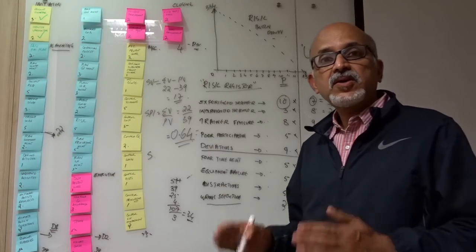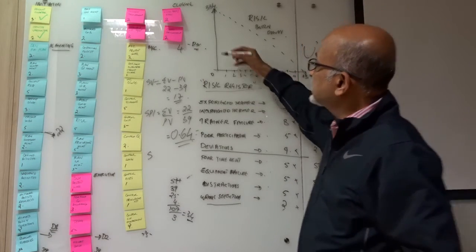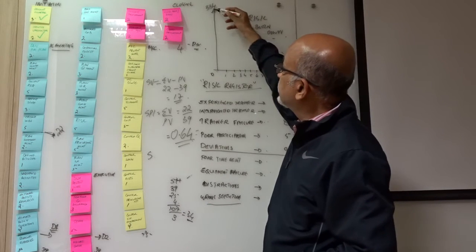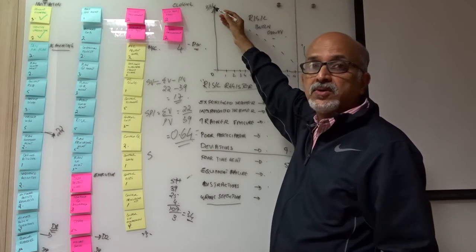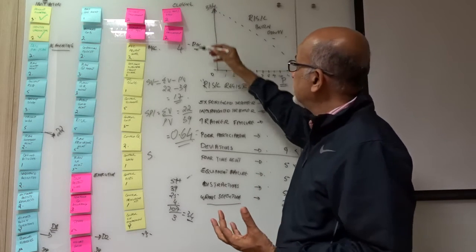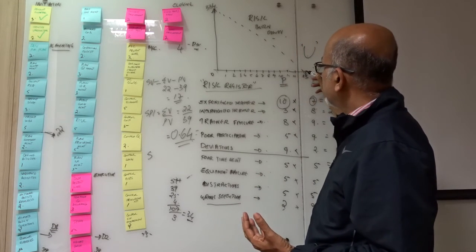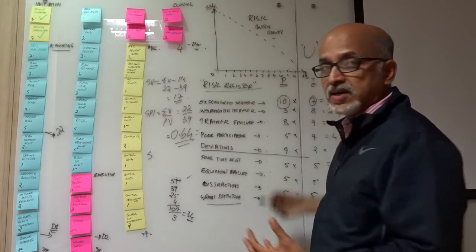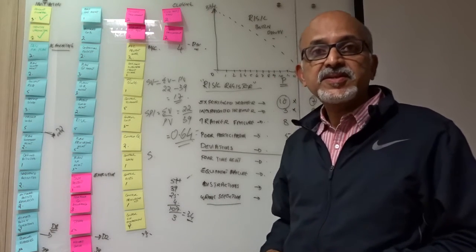That is the total risk index, and we put it on a burn down chart where the y-axis is 334, the sum of the cumulative P into I, and the x-axis is the number of hours for us to manage this risk.